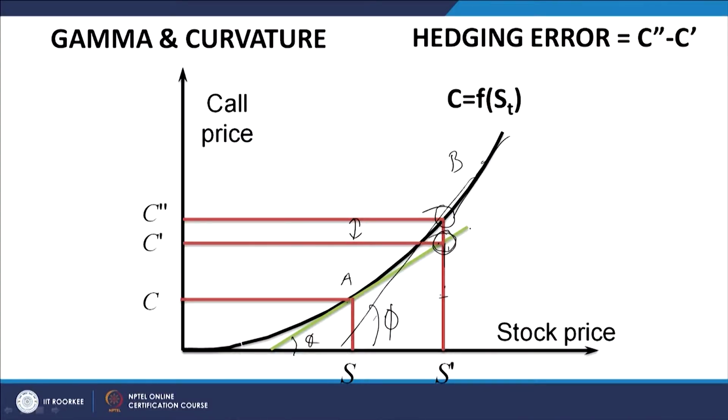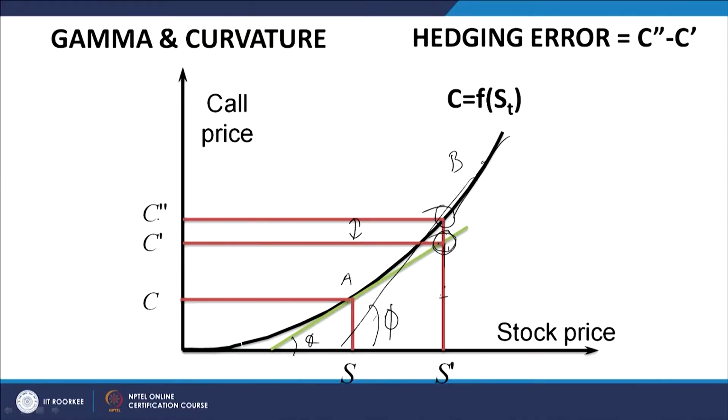If the call price has no curvature, then this curve would have aligned with this green line, and the hedging would have been perfect. But because the call price has a curvature, delta also changes from point to point, and therefore, because of this change in delta, the hedging is not perfect, and there is a difference between the amount that we have neutralized and the amount of change in the price of the call option.